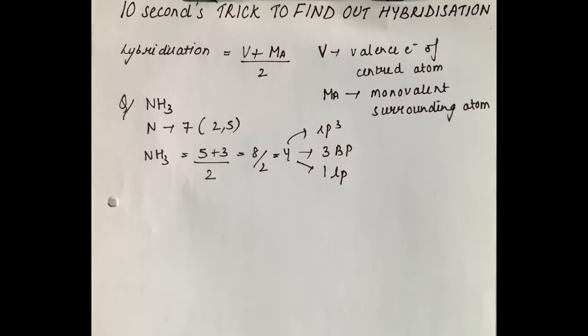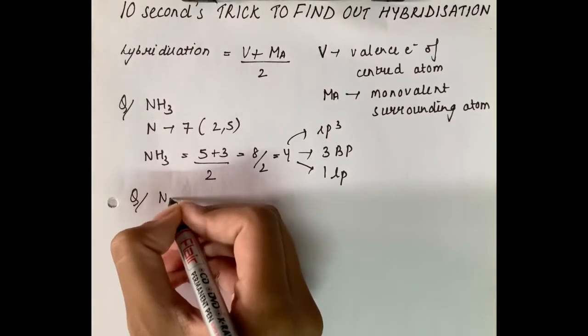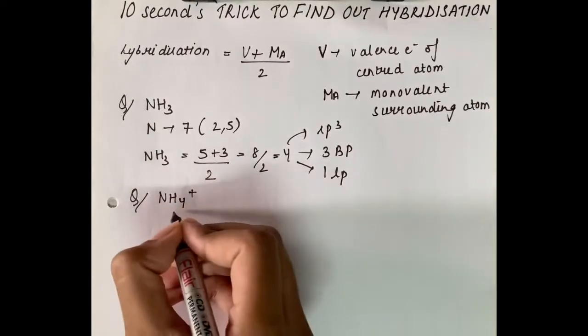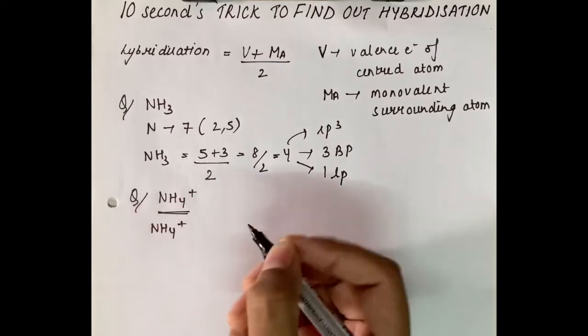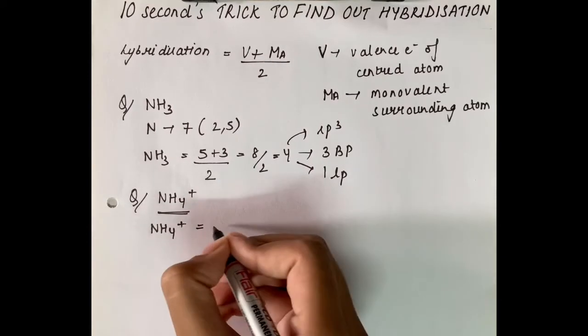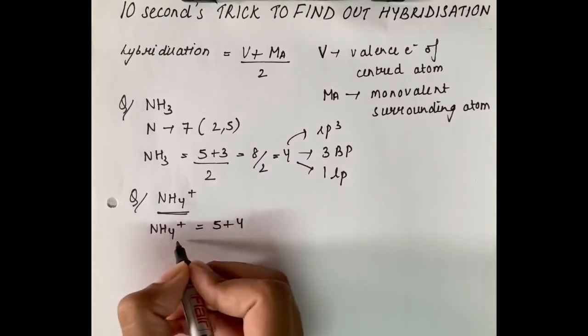Moving on to the next question, which is calculating the hybridization of NH4+. Again, nitrogen being the central atom will have 5 valence electrons present in it and the number of monovalent atoms present here is 4.